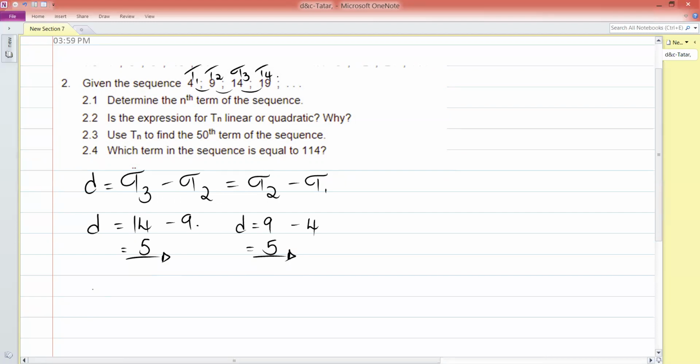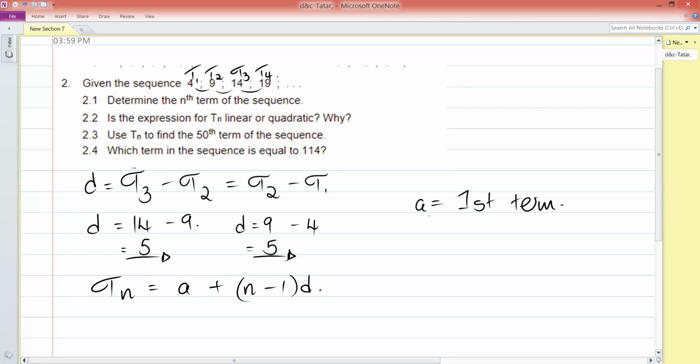Now what's the formula for an arithmetic sequence or a linear pattern? Tn equals what? A plus D in brackets n minus 1. Okay, perfect, right. Now, A, remember, stands for the first term.